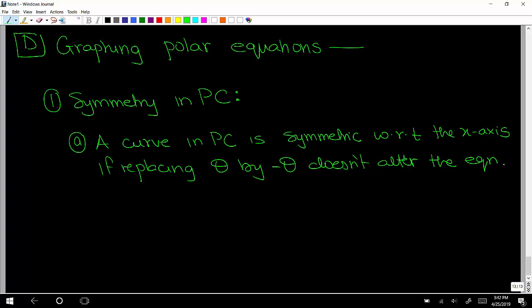Okay, it's symmetric with respect to the x-axis when that happens. So let's take a look at it visually and then I'll do an example.